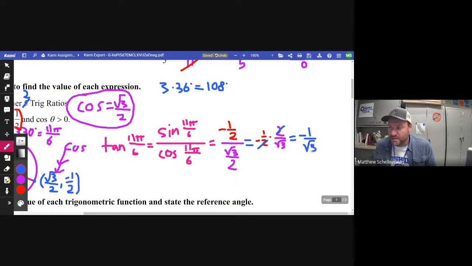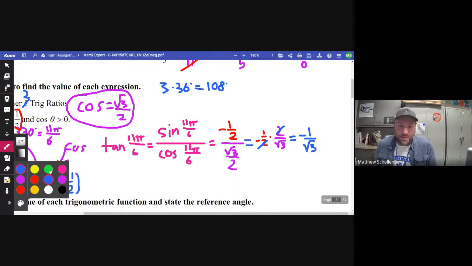And you might be tempted to say we're done, except that we're not allowed to have a square root in the denominator. So therefore, we will multiply this by what will resolve the denominator, which has to be square root of 3, because in the denominator, the square root of 3 times the square root of 3 will be 3. And this way we have a rational denominator. I'm running out of space.